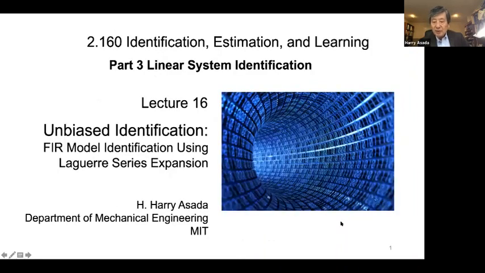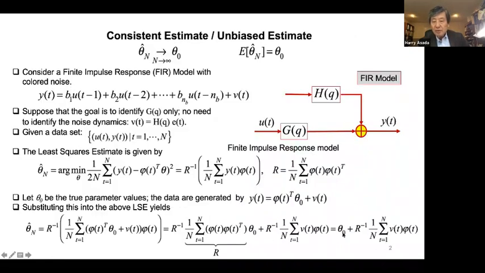So a true value plus this term. This term comes from the second part, v(t) times phi(t), and then R inverse. So if this estimate turns out to be a little bit biased, it comes from this term.